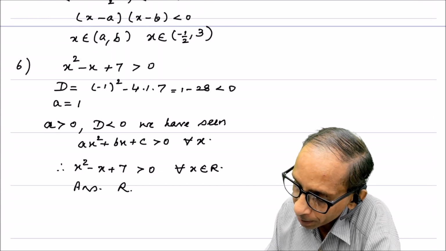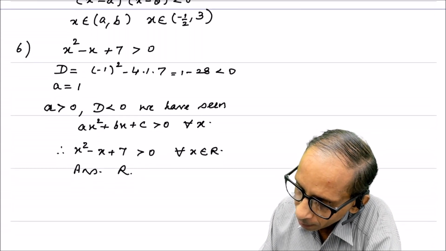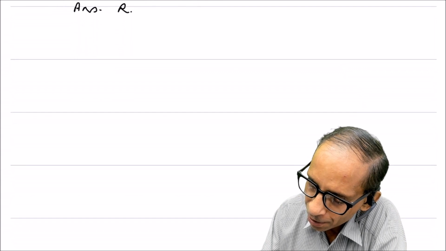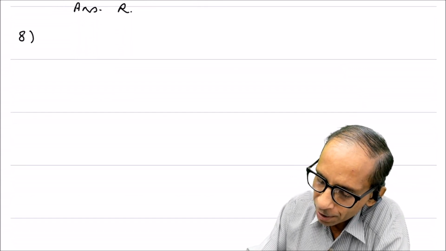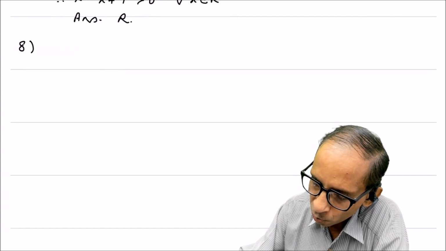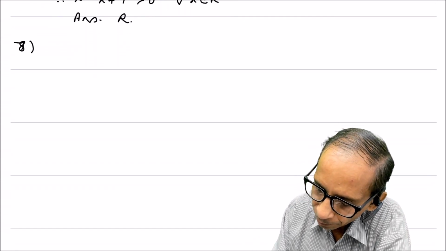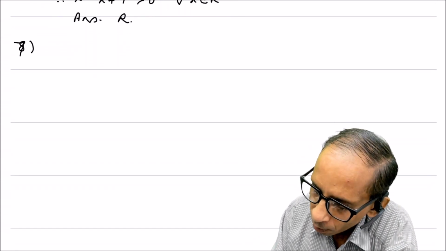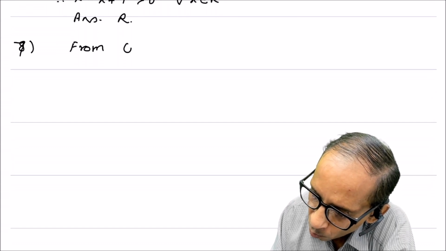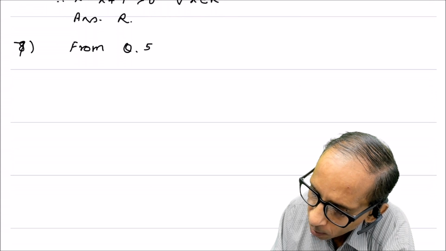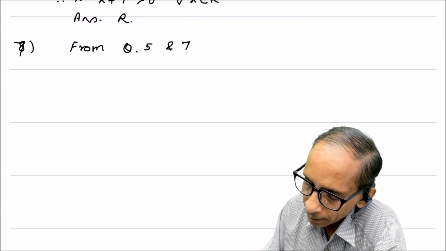It is actually greater than 0. Now, after reaching this stage, come for a small discussion. This was question number 6, so this should be 7, from question 5 and 7.